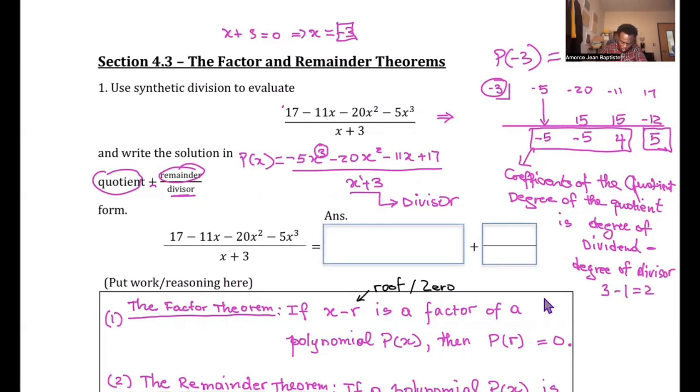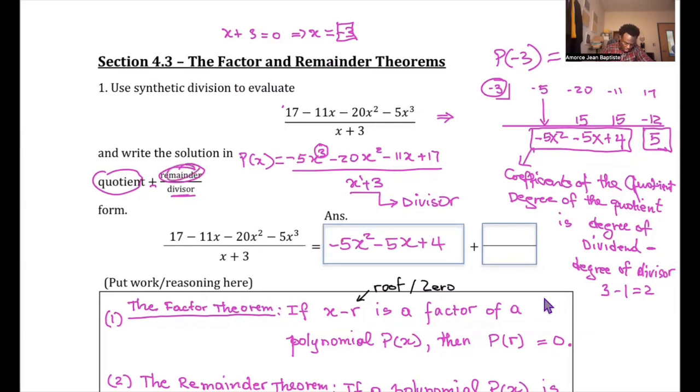So that will give you negative 5x squared minus 5x plus 4. That's your quotient. So the quotient here is negative 5x squared minus 5x plus 4.